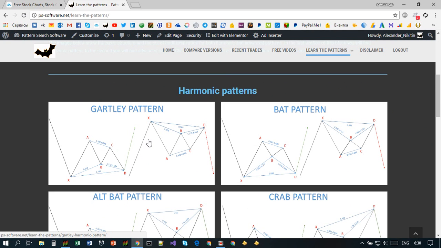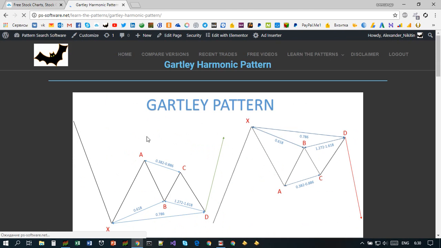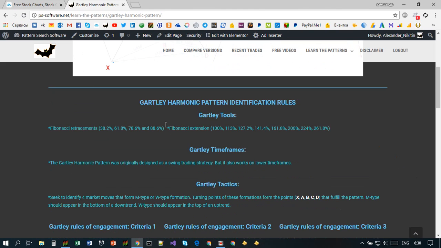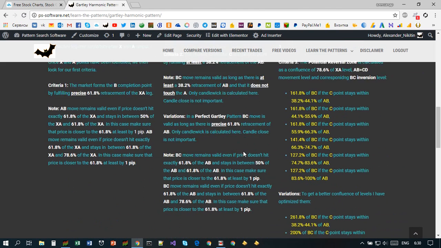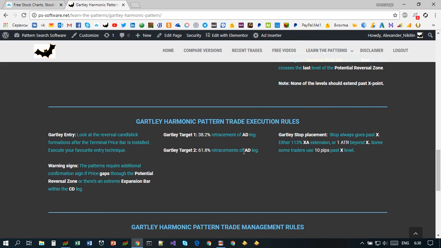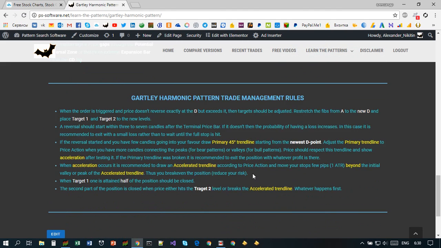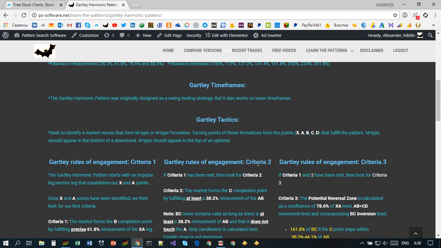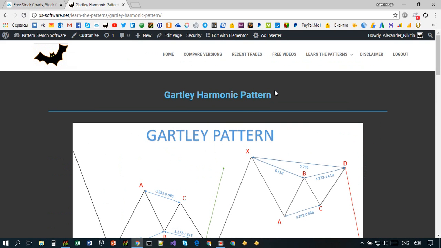For example, this Gartley pattern: click on the picture and you will have the detailed trading course, the diagram of how it should look, then identification rules, trade execution rules and trade management rules. Of course, there are plenty of these rules and you should keep them all in mind. You should learn them by heart before you can do a back test or real-time trading.